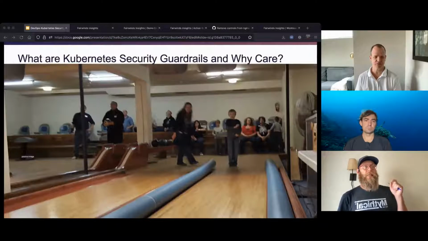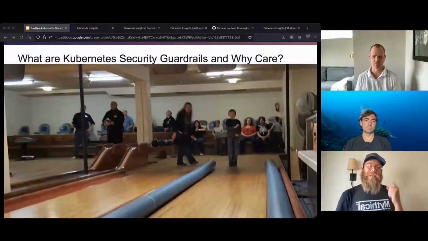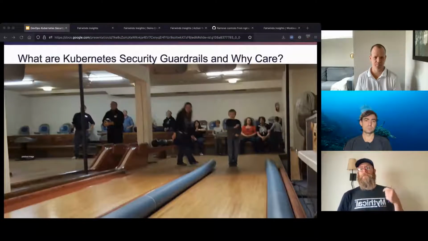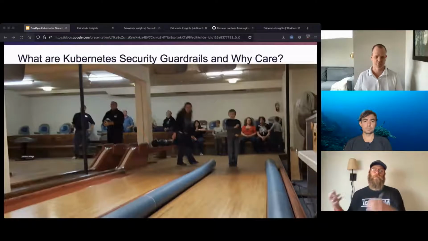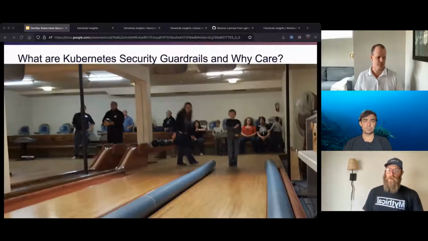I will add the other bit about guardrails is they're necessary for implementing service ownership. Service ownership is the idea that you're pushing the responsibility of maintaining the security posture in the applications down to the developer, rather than having an ops team be responsible for all of it.